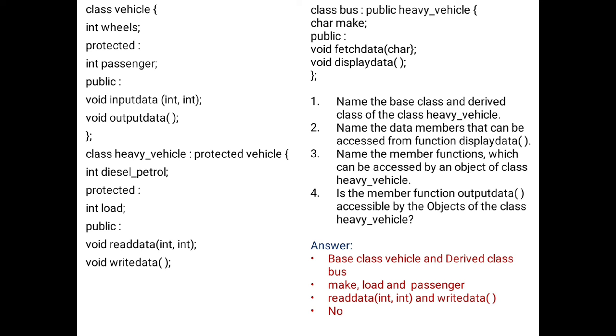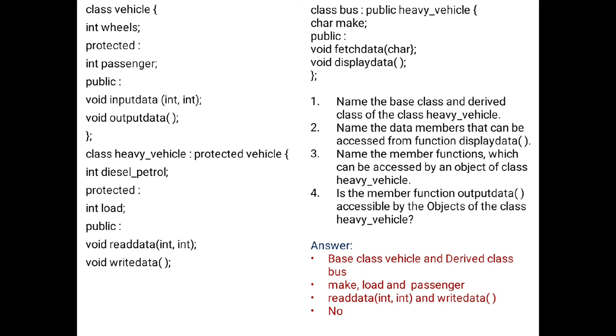In that case, the object can access member functions like HV dot read data and HV dot write data, because those two member functions are public. They are publicly declared in the class heavy vehicle body.